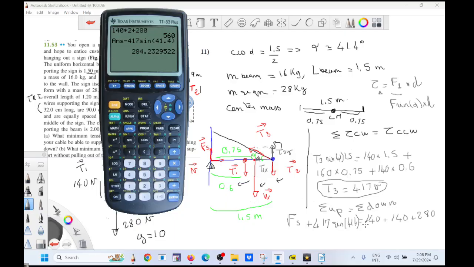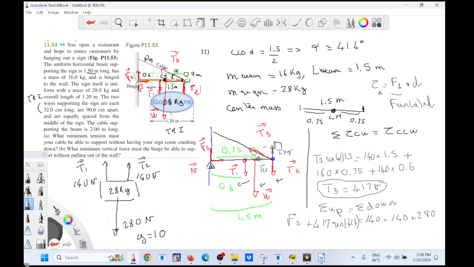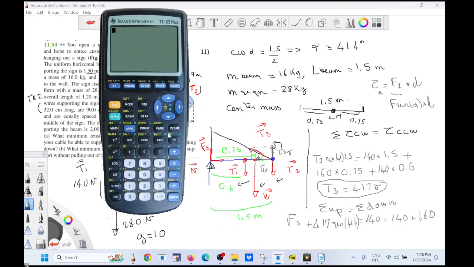Let's see if I forgot something. So 140. No, see, 160 here. Sorry. The mass is 16 kilogram. So 160. So let's do that again. 140 and 140 is 280 plus 160. Minus 417 sine 41.4.